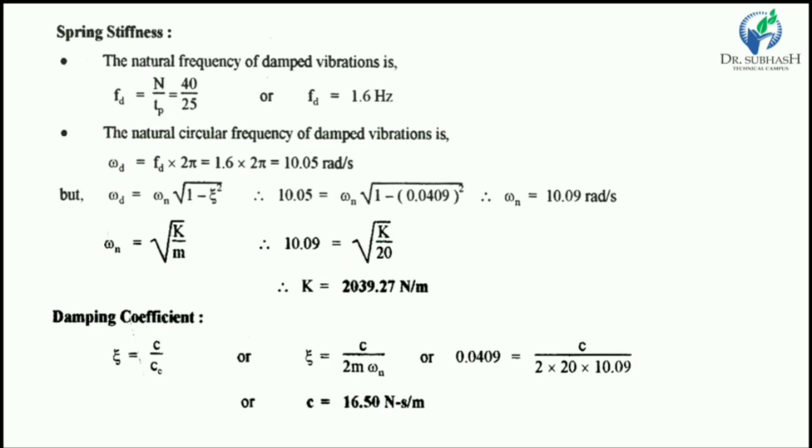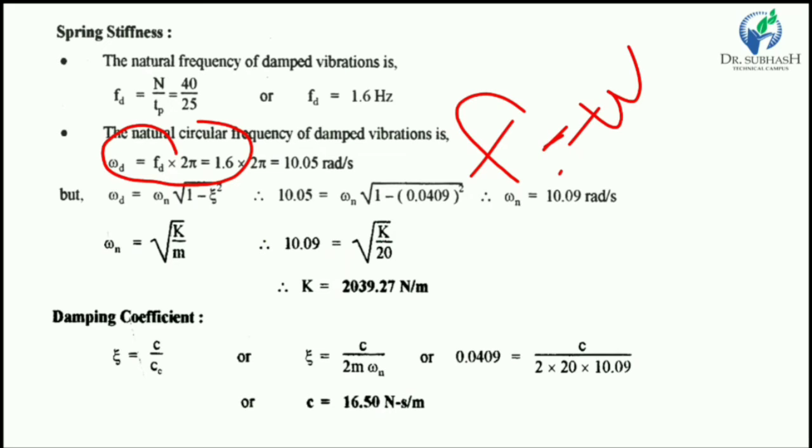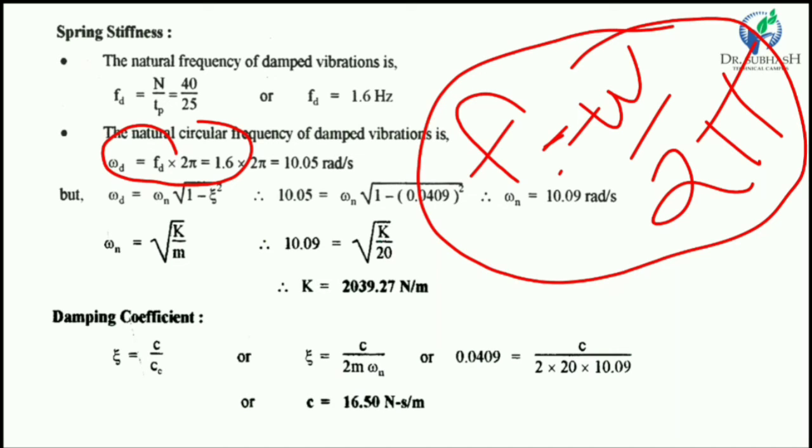Here damped vibration is there and the frequency is given. The number of cycles per unit time is called the frequency. So the value of frequency is found from the conditions and data given in the example. According to frequency, it is omega upon 2 pi, and from this relation we find the value of omega d.